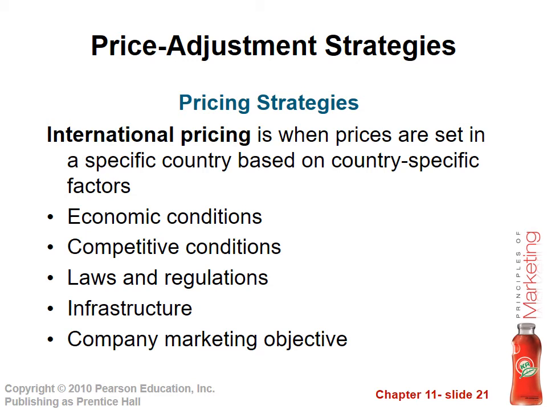Because when you set your price in your local country and then send it abroad, it depends a lot on the economic conditions and the regulations that may add more tax on our product. So that's why our product will be more expensive compared to the local product.